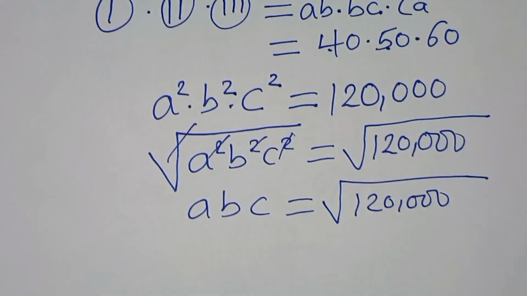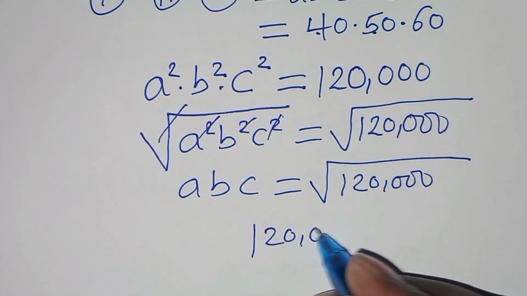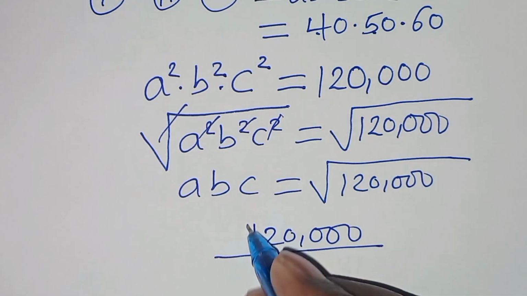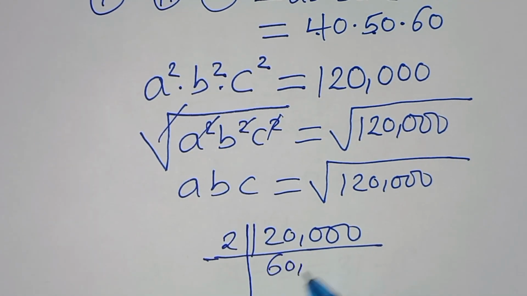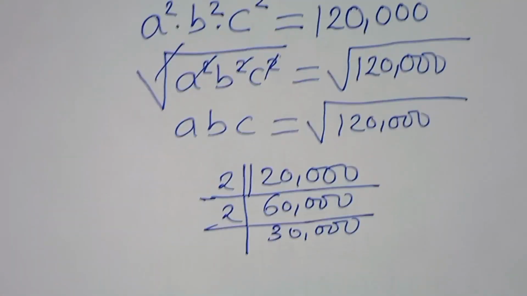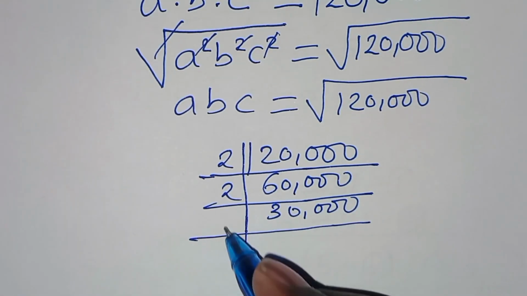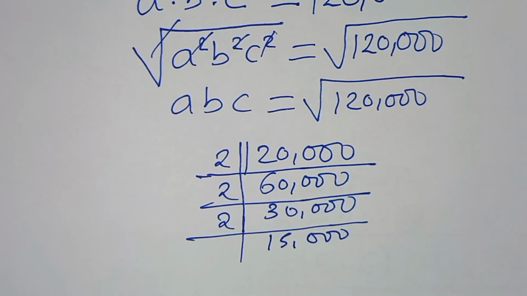Now, the next step here, we can express 120,000 as follows. 120,000 divided by 2 is 60,000. Divided by 2 is 30,000. Divided by 2 again is 15,000.